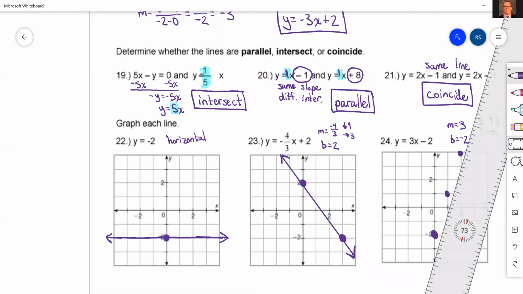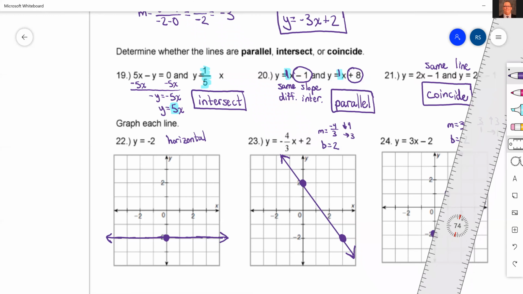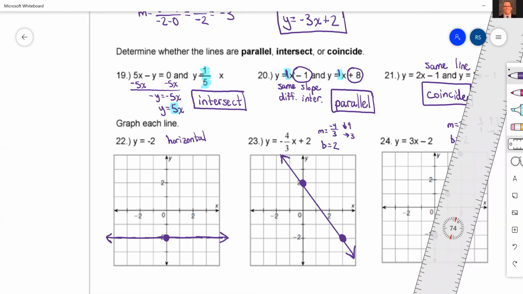Get my handy dandy ruler here, get it in position, or try to at least.